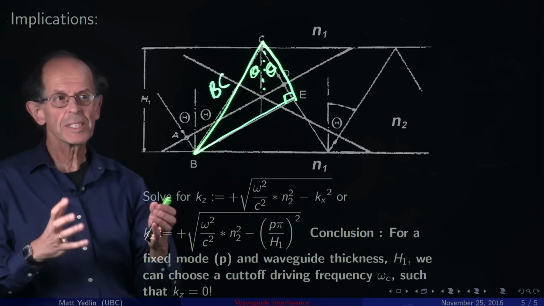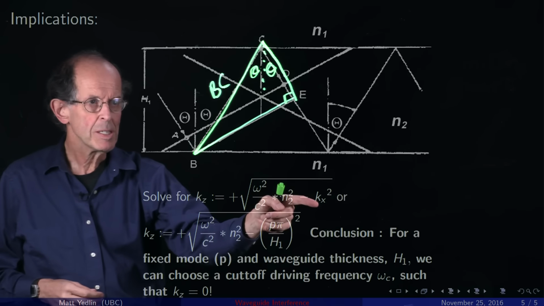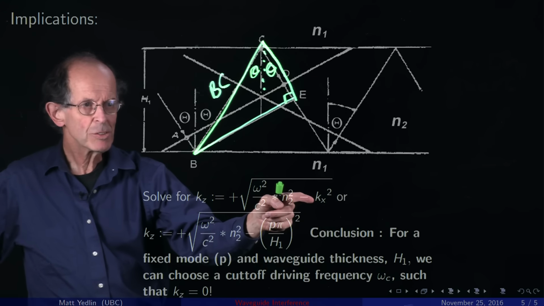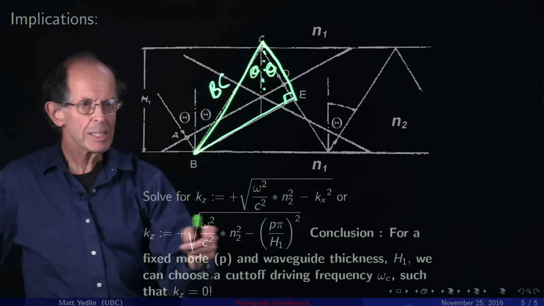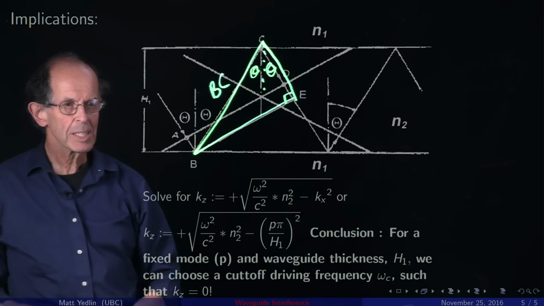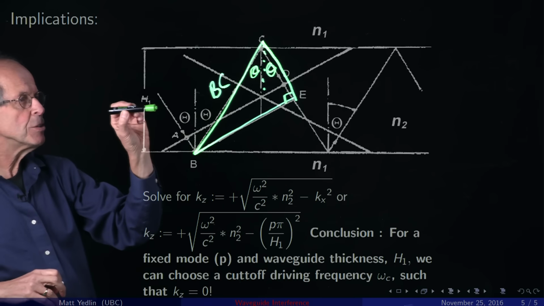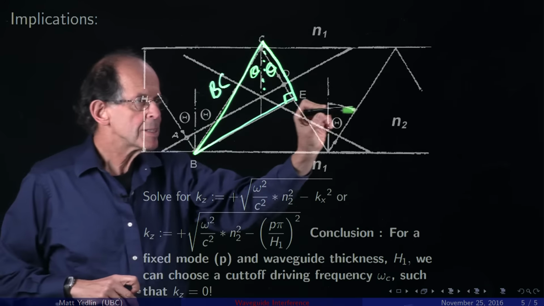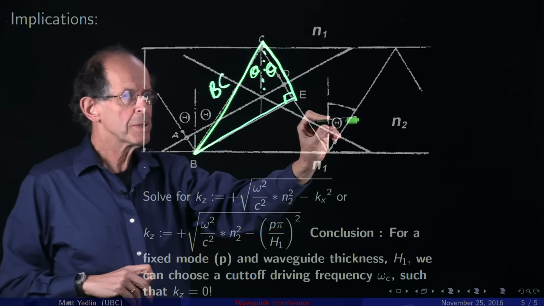Now it's a bit of algebra that comes to the end of this whole discussion. Simply solve for kz, which we've done. So we have kx here, and we substitute our matching conditions for constructive interference here, and we get a result for kz. kz says that the wave has a component along the guide, so the energy is carried in the positive z direction.